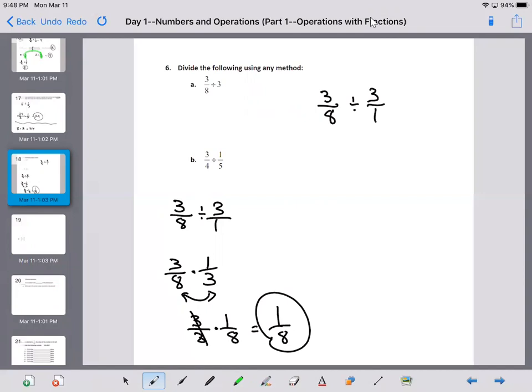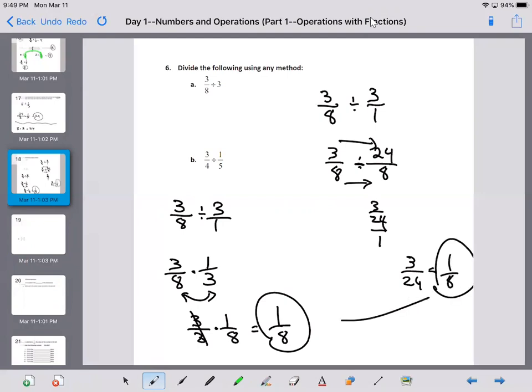So how many in 3 wholes? And so this would be 24 eighths. So 8 divided by 8 is 1. 3 divided by 24, you get a fraction. So it's 3/24, which would simplify to be 1/8. So we get the same answer there.